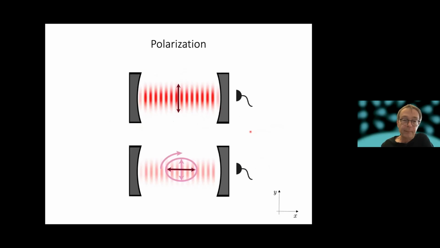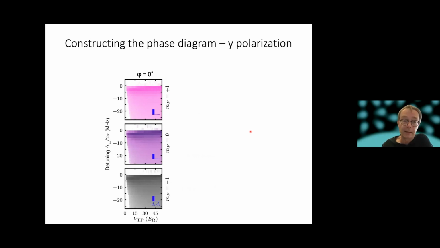Let's now look at that. That is basically summarized: if you have MF equal minus 1 or plus 1, you should be able to scatter. And now we did that in the experiment.